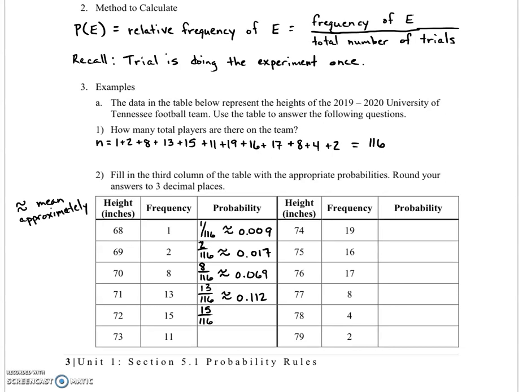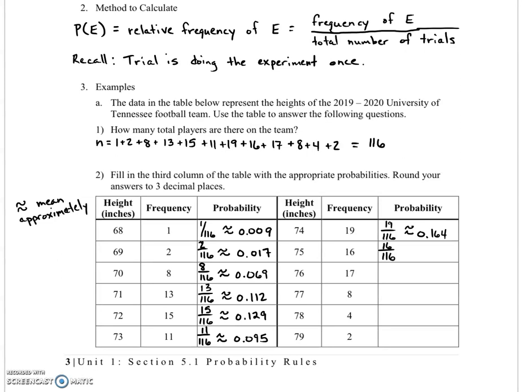So 15 out of 116 is 0.129. 11 over 116 is approximately 0.095. 19 over 116 is approximately 0.164.